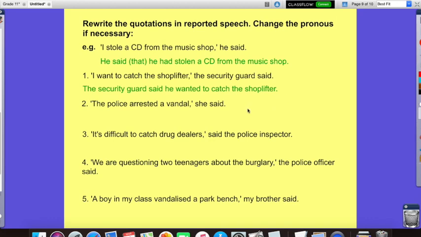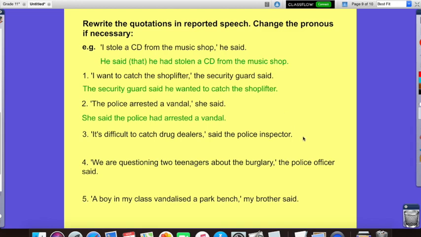Next one, the police arrested a vandal, she said. And the answer? She said the police had arrested a vandal.